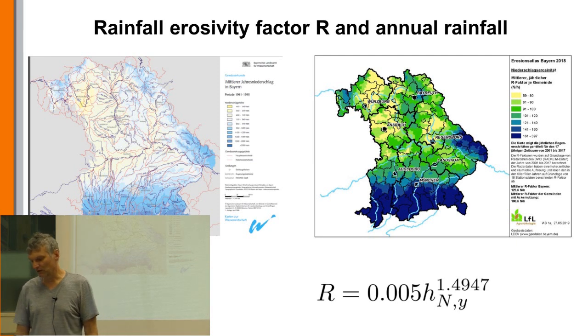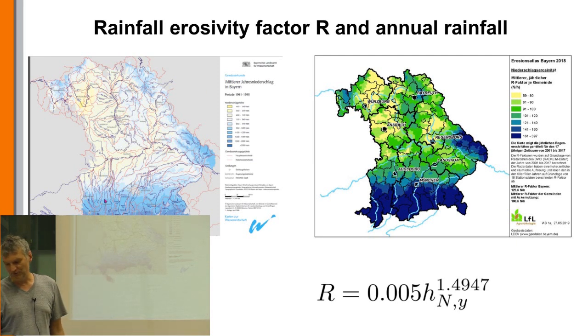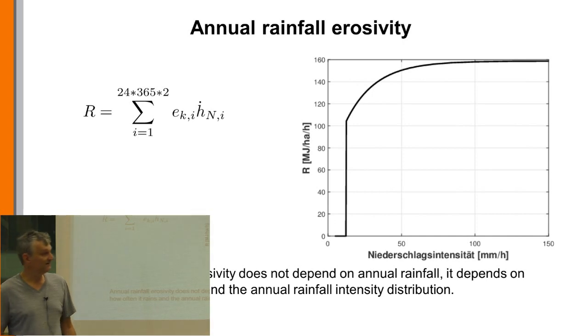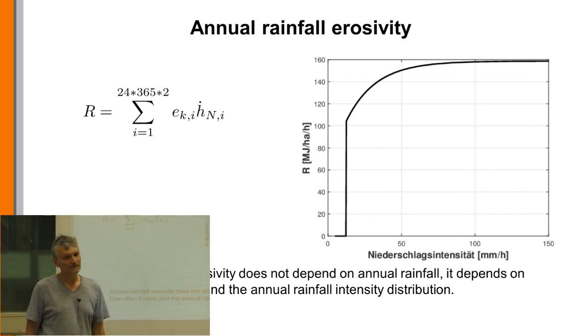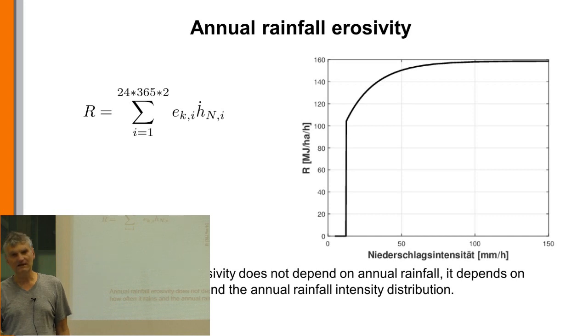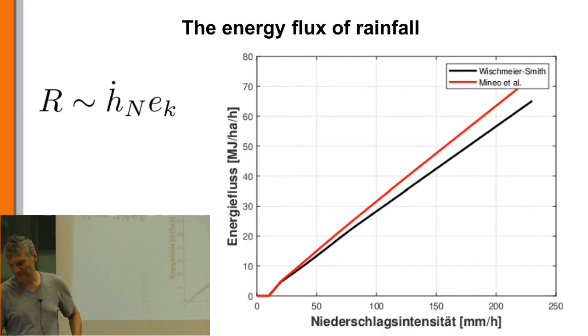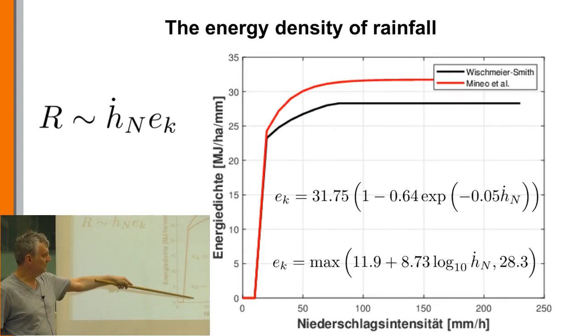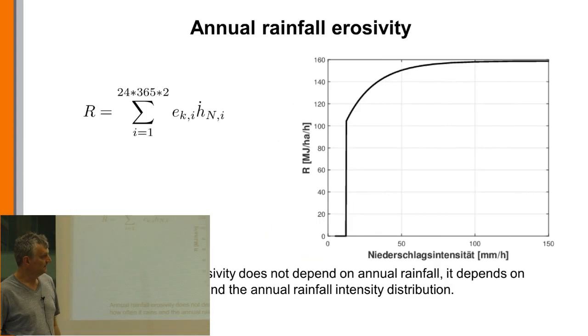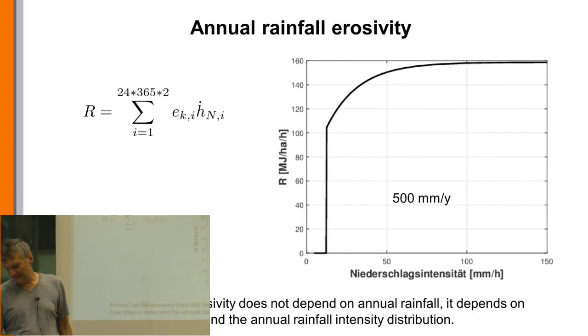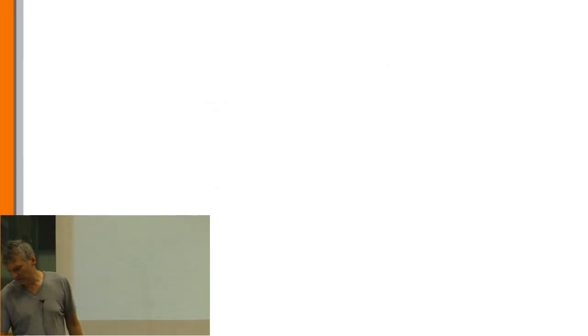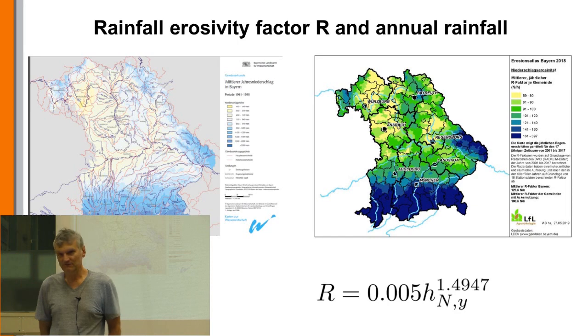As you can see, there is a relation between annual rainfall and the rainfall erosivity, but it is absolutely not straightforward, and you have to calculate it in the best way from a data set with a large amount of data, and then you can introduce this in that formula, and then you can calculate for a certain area the exact rainfall erosivity with your data. Thank you very much.